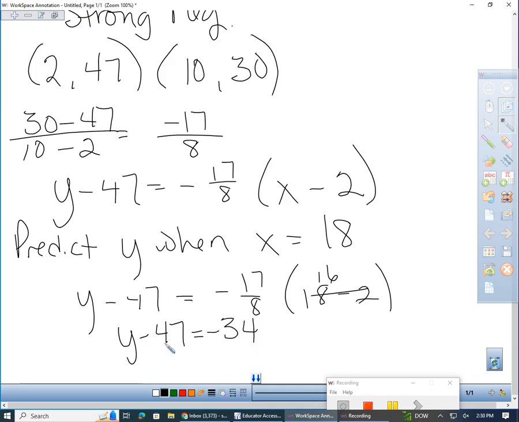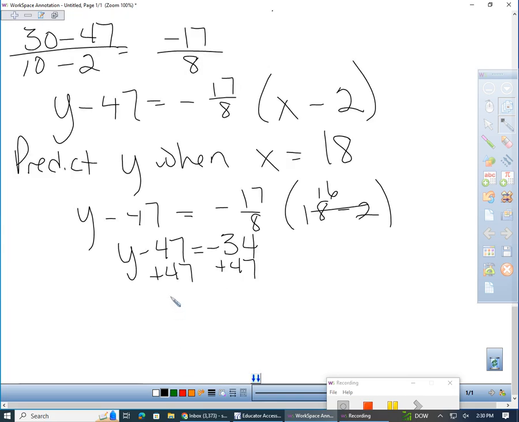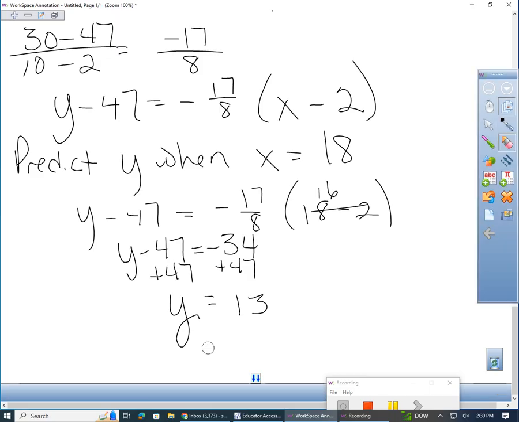And then I add 47 to both sides. So I got y equals 13. Does everybody agree? Oh, that's definitely not 13. Let's try subtracting that again. Oh, it is 13. All right. Yeah. It's been a long weekend for me.